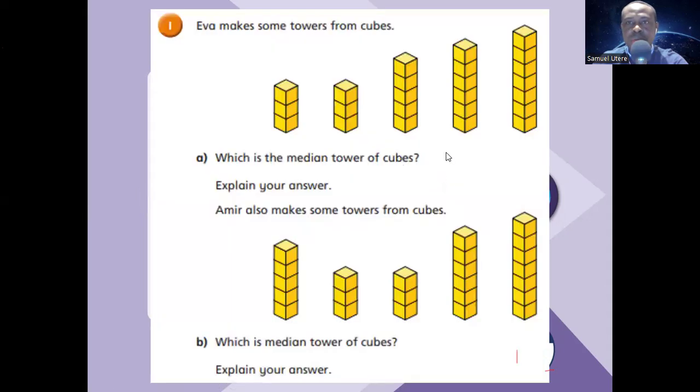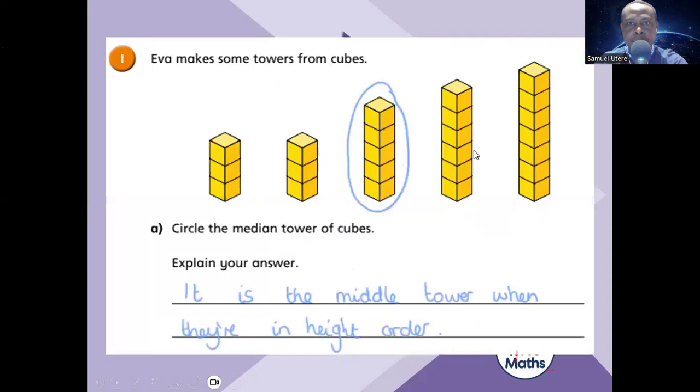Pause the video and have a go at question 1 for 2 minutes. You can take longer if you wish. Assuming you've paused the video and you've worked through this, here are the questions. Let's discuss them. Here, these blocks are already ordered for us.